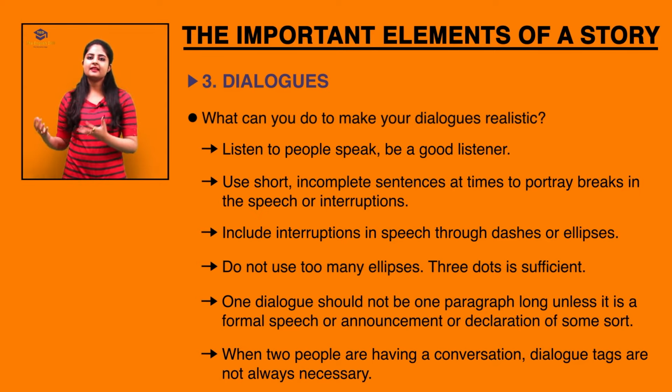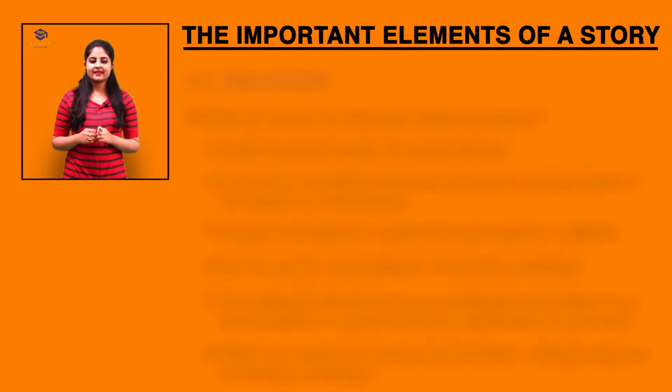Suppose a speaker is asking another person a question. "Do you want to go to the cafeteria?" "Yes," the other person is replying. So in this case, you do not have to put a dialogue tag after yes. You can just write yes in the next line, and that will be enough to convey to your reader that it's a reply and answer to the previous speaker's question.